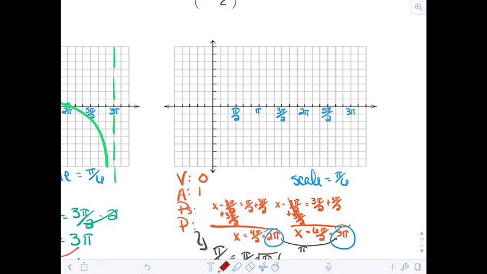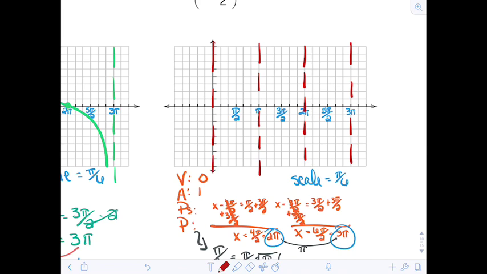Okay, so now I have my new asymptotes at 2 pi and 3 pi from my shift, but now I'm every pi, so every pi radians, I will have another asymptote. So I could actually go back to the left at 1 pi, at 0 pi, so I'm going to be able to get quite a few cycles in here.